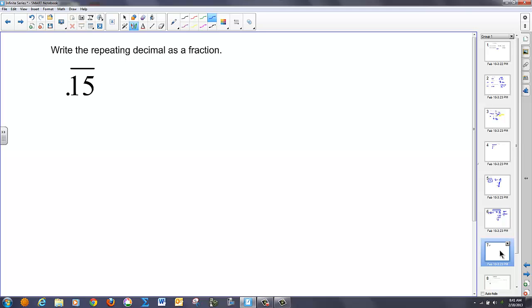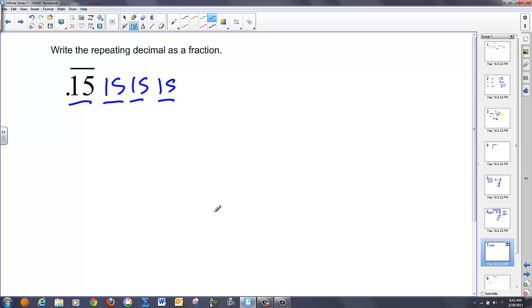So we're going to do a little bit different problem that doesn't look like a sequence type problem or a series type problem, but we're going to change this repeating decimal to a fraction. Now, if you think about what a repeating decimal is, it repeats itself over and over and over again, and we know that. But let's look at what repeats and the values of each repetition.